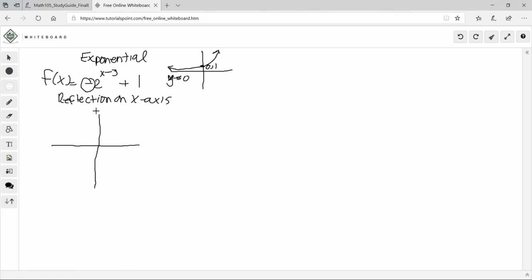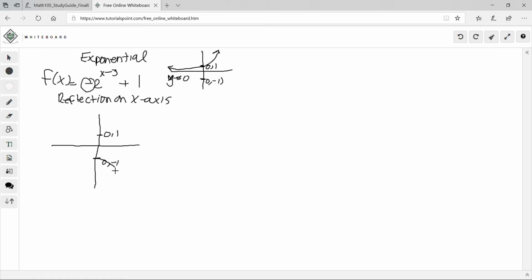So I'm going to graph f of x equals negative 2 to the x. Since there's this negative, that means there's a reflection. So it's going to be flipped. So our new graph is going to have the point (0, -1).